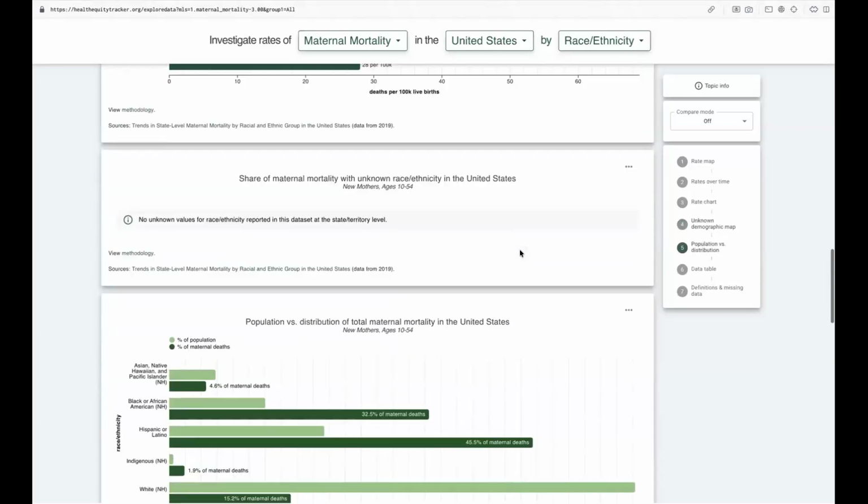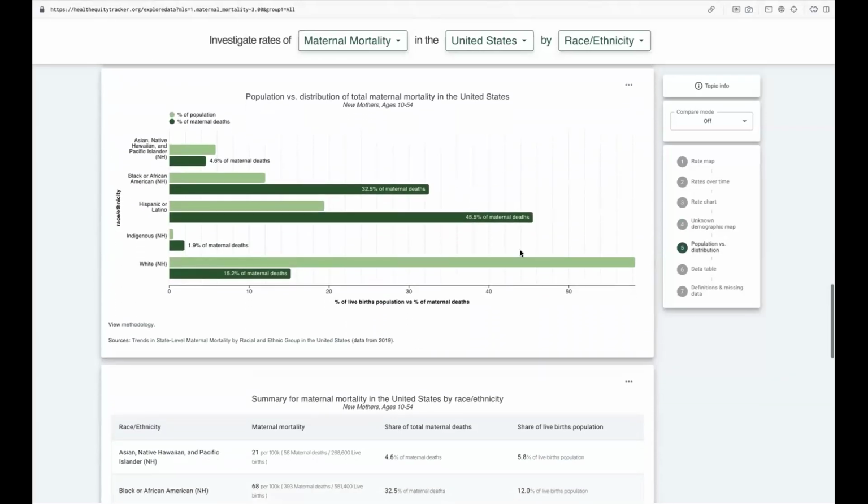And then the next one I'll go into is worth another minute to unpack because it's a different way of looking at the same information. Instead of looking at the rates, where we're saying per 100,000 of these individual types of people, this is how many are suffering.